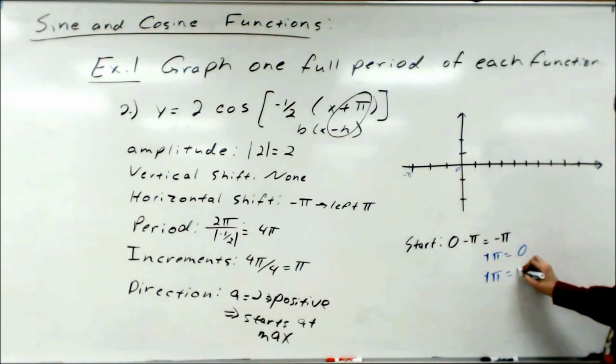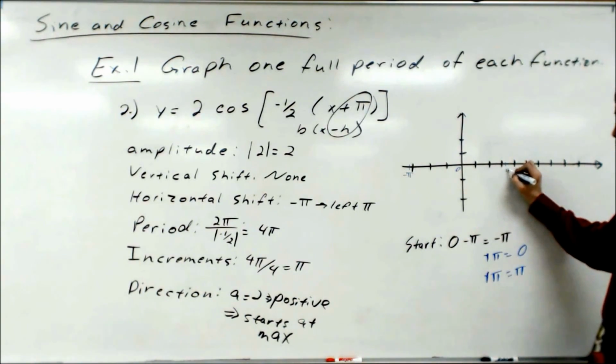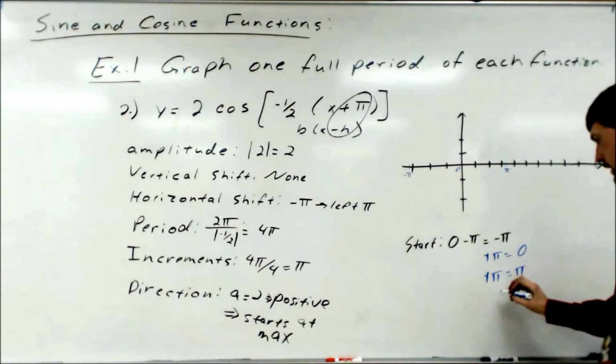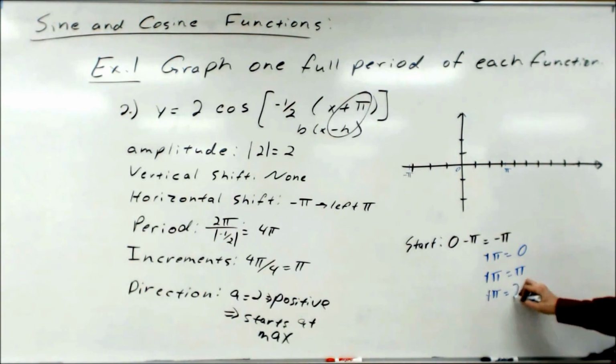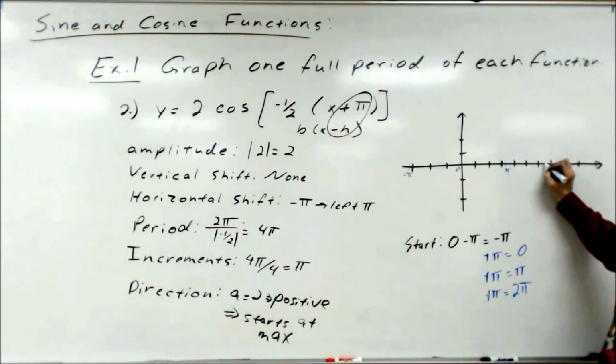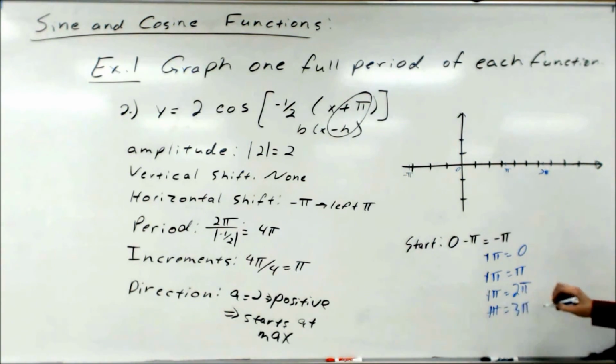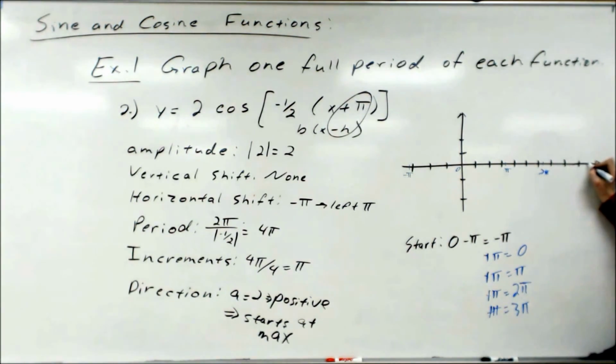Add pi again: 0 plus pi gives me pi, so 3.14. Add pi again gives me 2 pi, so that's 6.28. Then add pi one more time to close it off, so that's 9.42, 3 pi.